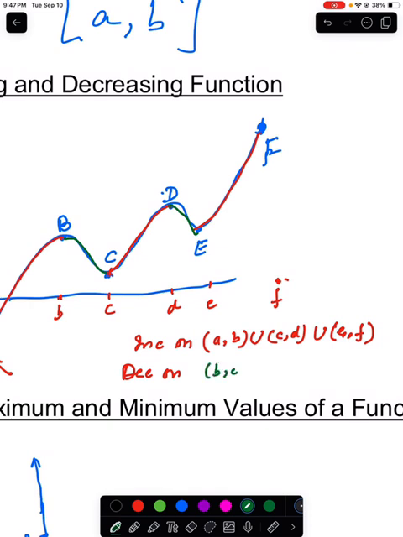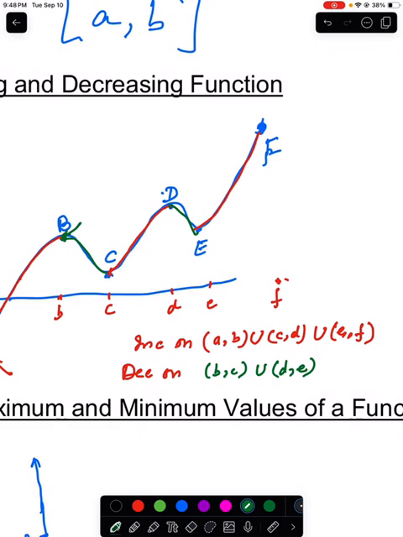Now note here, I am not including these endpoints in the interval. The reason is because at the endpoint, when we are up here at B, we are at a place which is neither decreasing nor increasing. So you cannot include it in any of these.